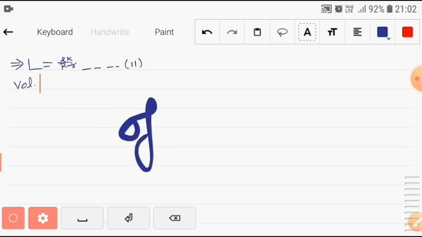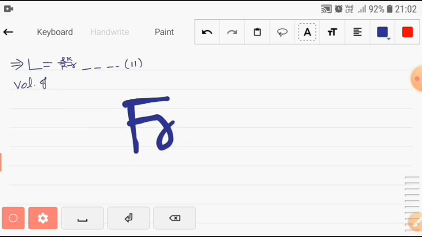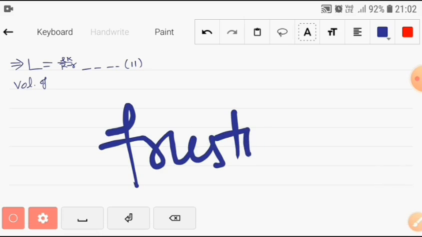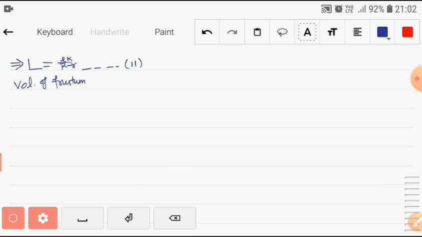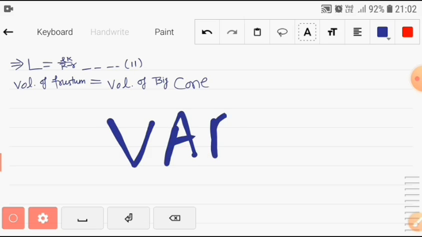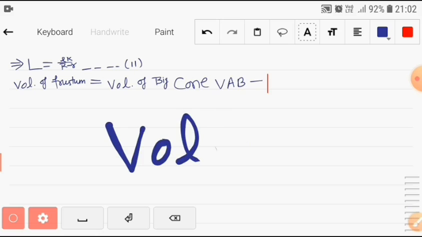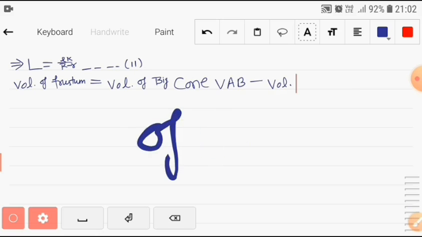Volume of first term is equal to volume of big cone, I have named it VAB, minus volume of small cone.